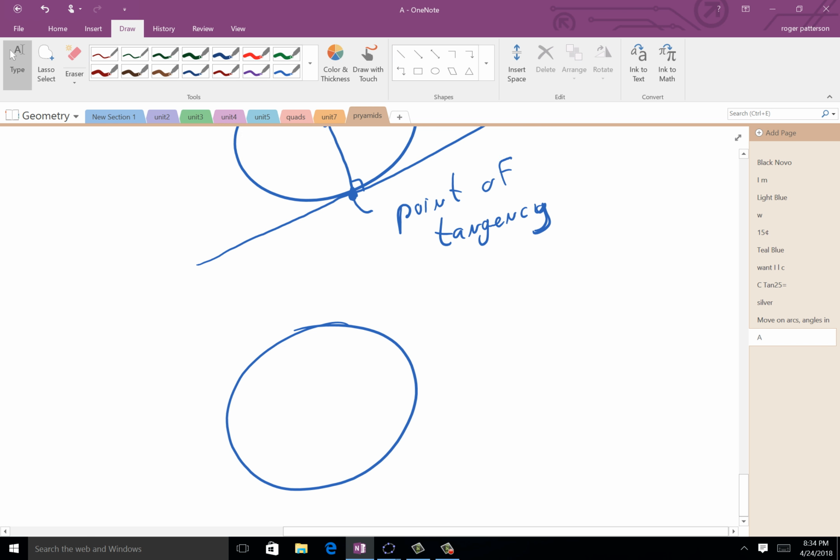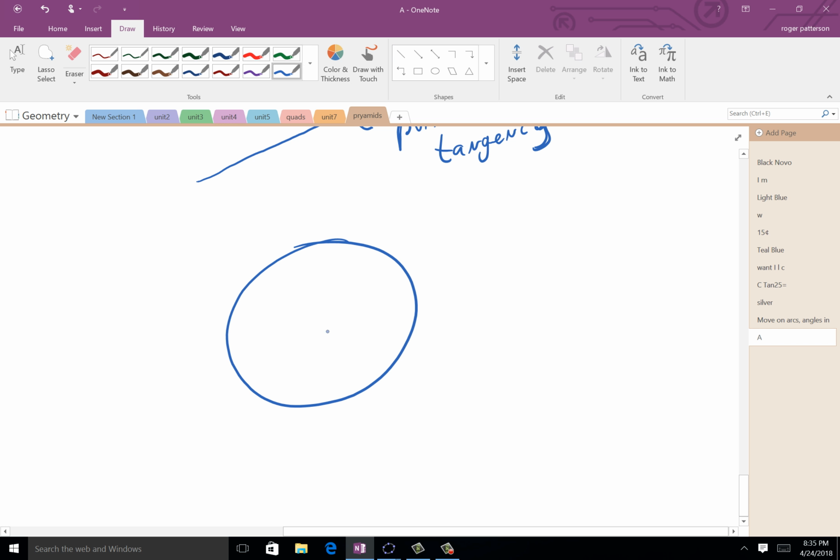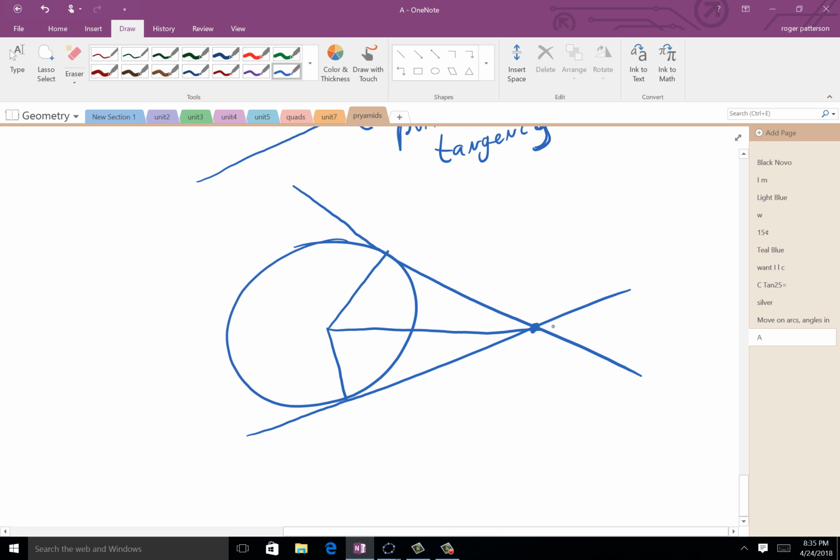Then we know we draw a radius, and I draw a tangent line there, and a tangent line there. Okay. So let's put some things on here. Okay. So here's what we know. Triangle WIL is congruent to triangle LIO.